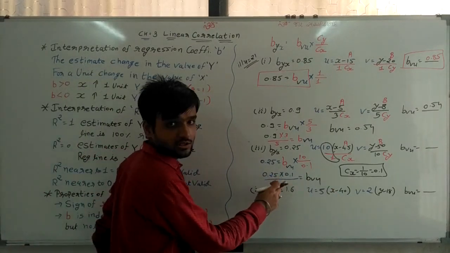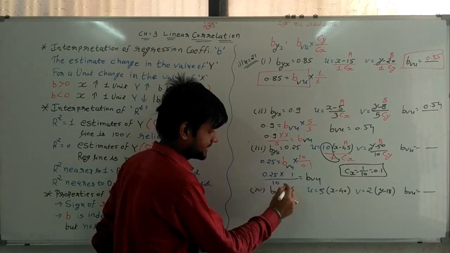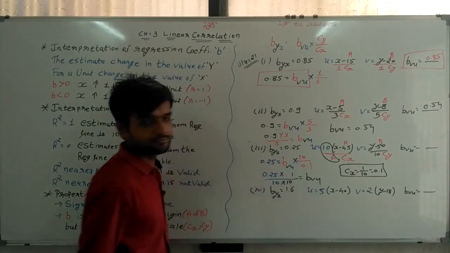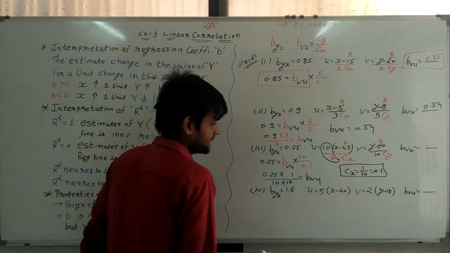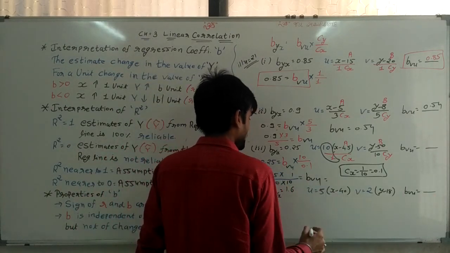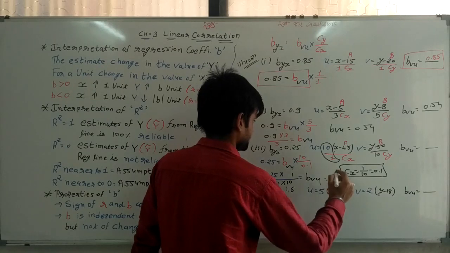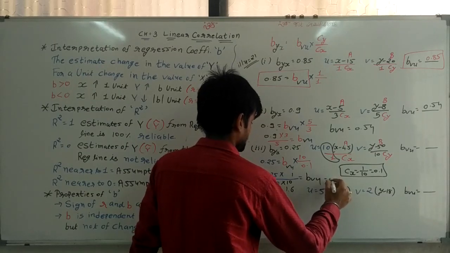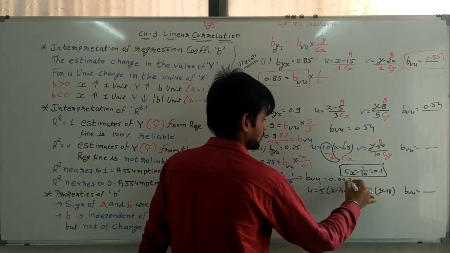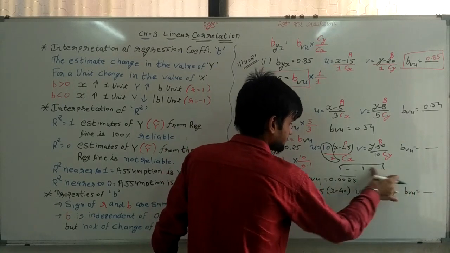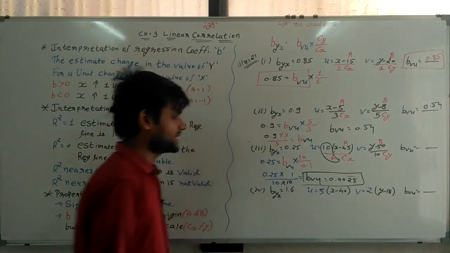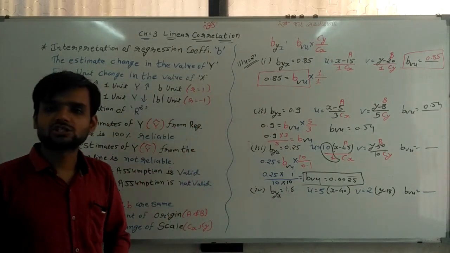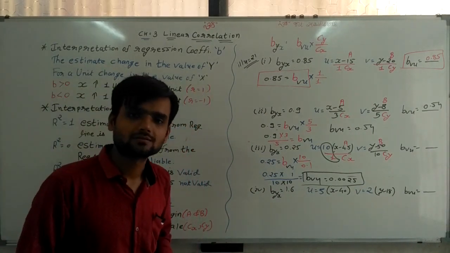Now again I am cancelling the point and get in division 10. Now in division 100. 0.25 divided by 100, I can say its value is 0.0025. It's a simple one. BVU is equal to 0.0025. Answer.